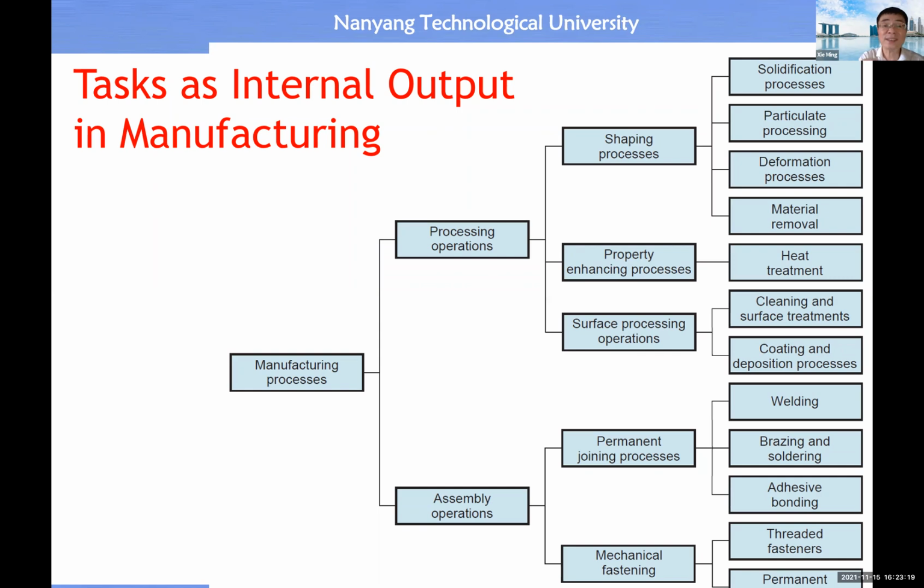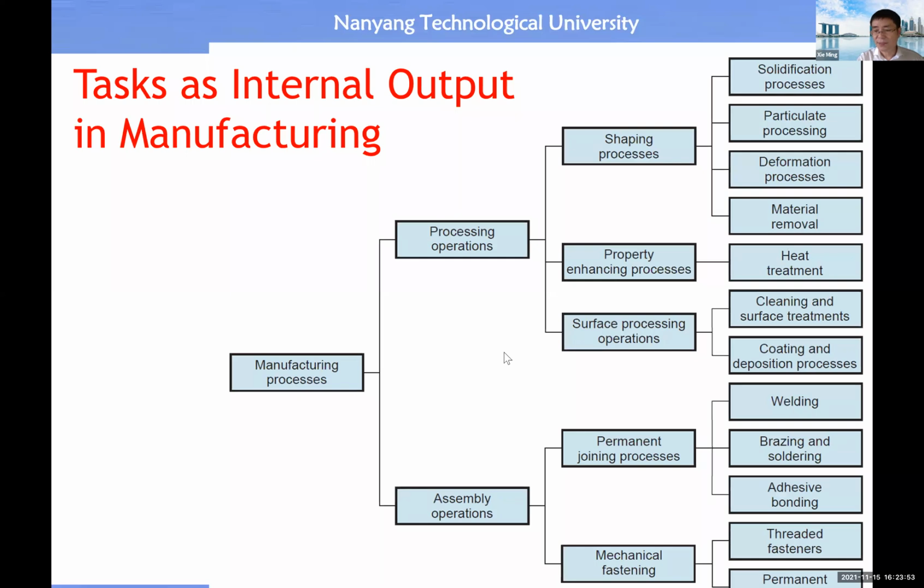So here we just consider, by default, when we talk about manufacturing, it means mechanical manufacturing. So these are the major processes involved inside a mechanical manufacturing system. You see we have a processing operation, assembly operation. From here, you can identify deformation process, material removal process, welding, and permanent fastening, like soldering, something like that.